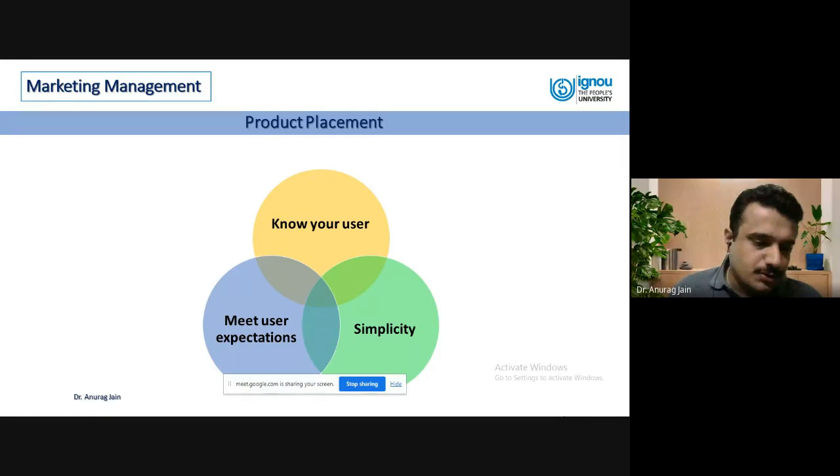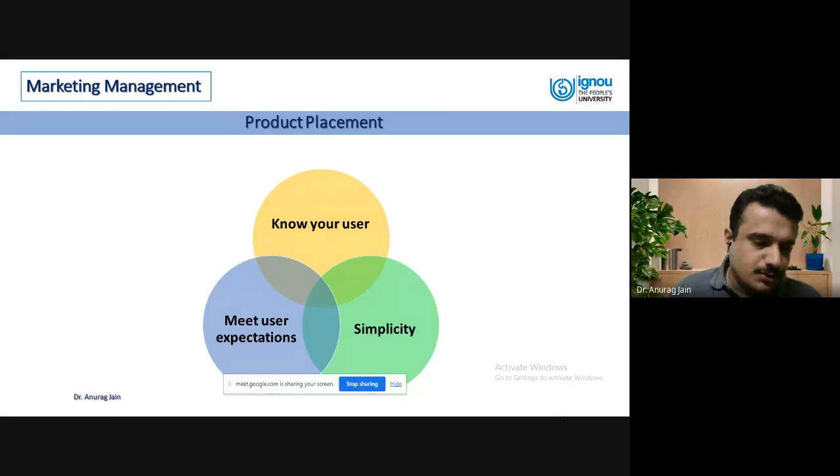And remember one thing, if customer satisfaction is there, definitely there is acceptability of your products or services in the market. Or vice versa, if customer expectations are not meeting, or your products or services are not capable to fulfill those user or customer expectations, definitely there will be low user acceptability for your products or services in the market.